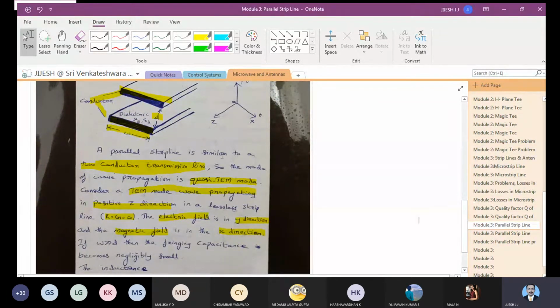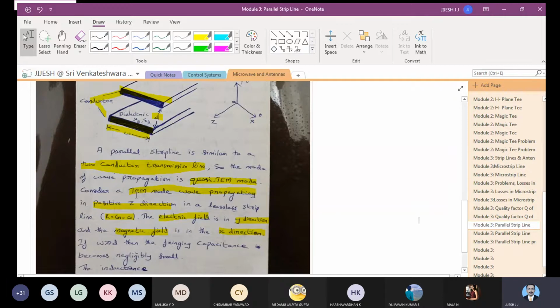Like you studied in the microstrip line, in parallel strip lines also the electric field and magnetic field surround the strip, and lie between the dielectric material as well as in the air. So we call that wave propagation quasi-TEM mode of operation, quasi-transverse electric and magnetic mode, which is considered as a TEM wave.